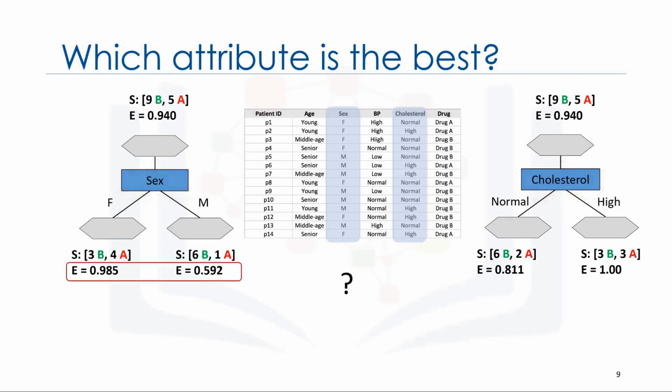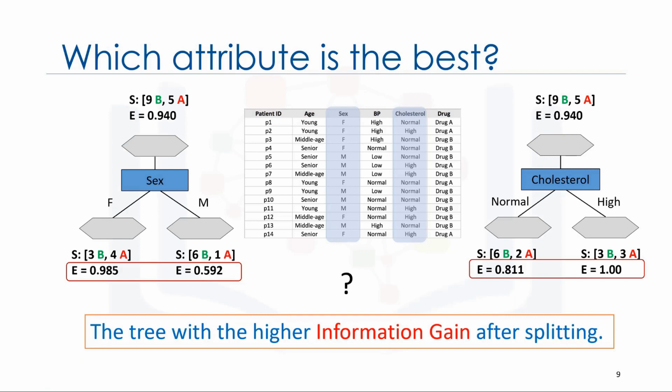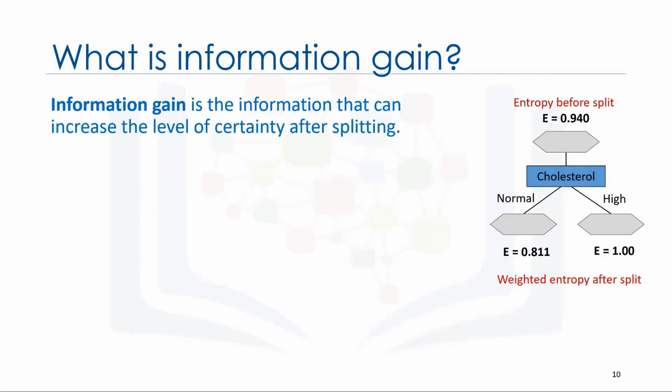The sex attribute with entropy of 0.98 and 0.59, or the cholesterol attribute with entropy of 0.81 and 1.0 in its branches? The answer is the tree with the higher information gain after splitting.